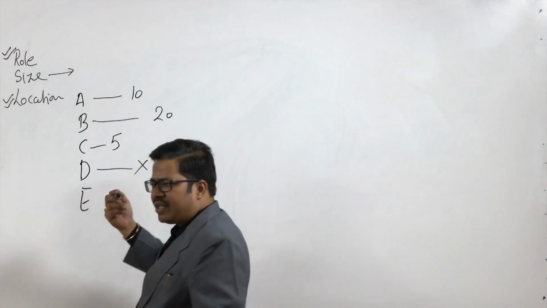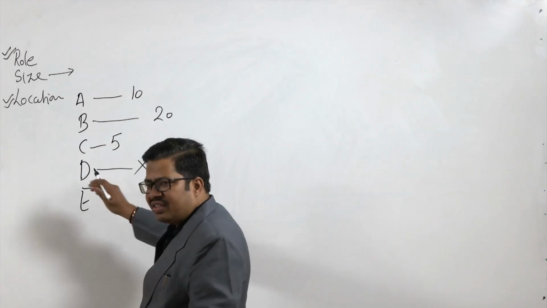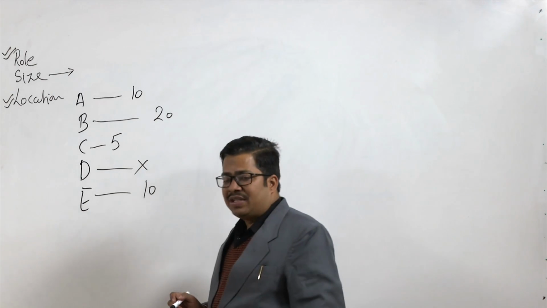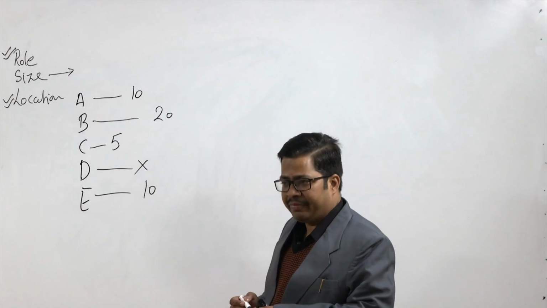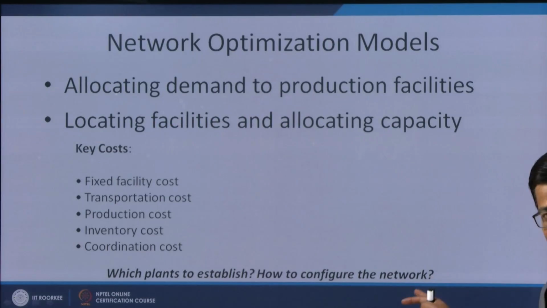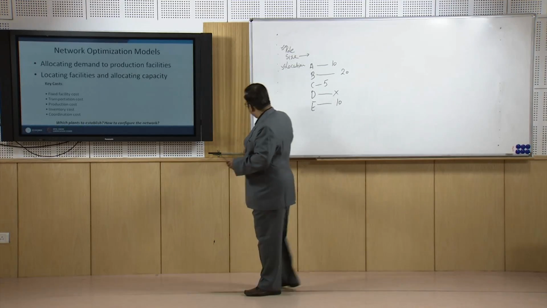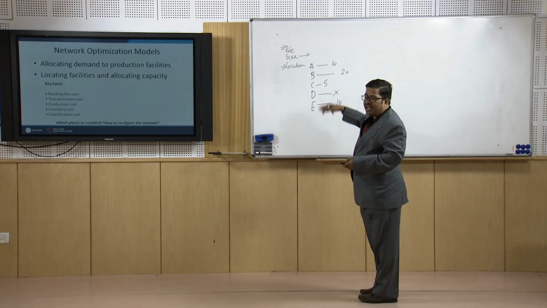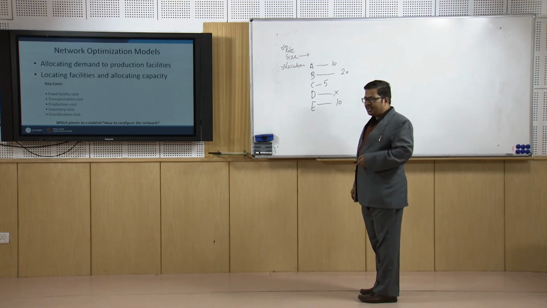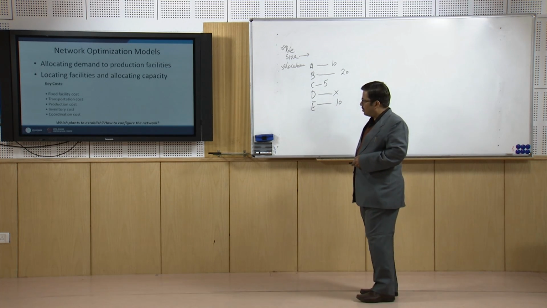You feel this location is not suitable, so you will not make a plant here, and a capacity of 10 units for plant E. So this is how we want to configure the network. We need to decide which plants to establish, and then what should be the size of each of these plants. We would like to answer both these issues in these network optimization models.